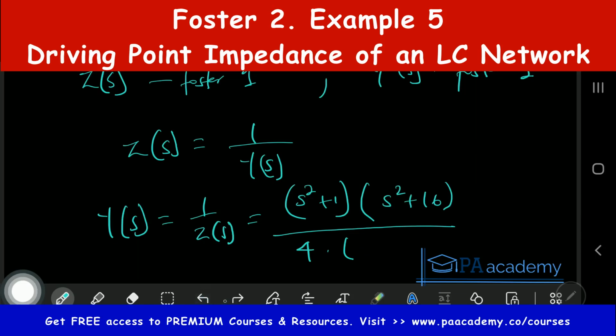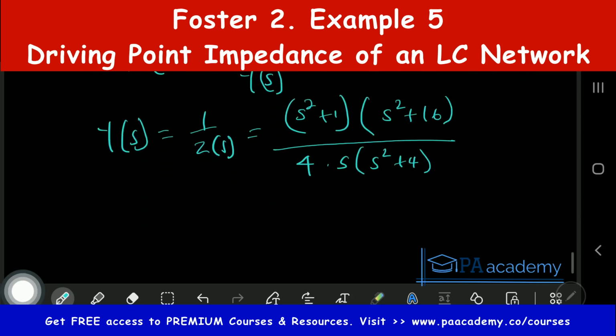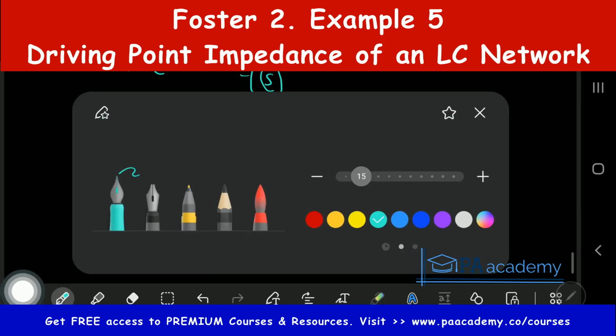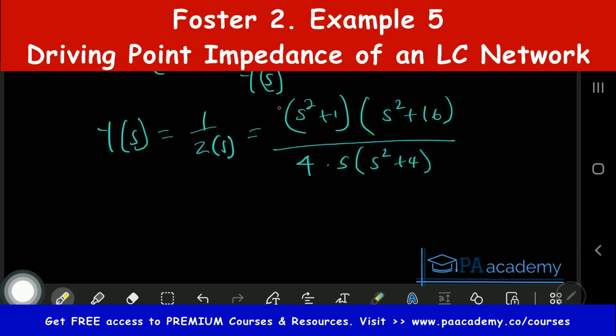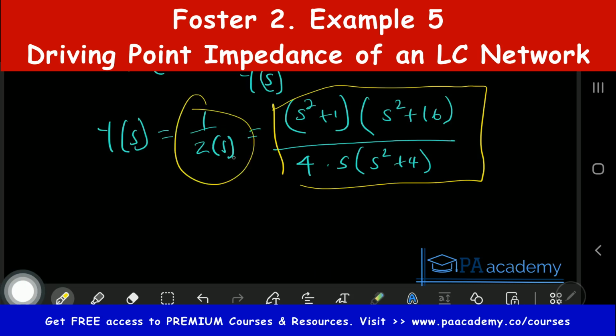Okay, so let me just write it like this: 4 multiplied by s into bracket s squared plus 4. All right, so that's our new function. This is what we are going to be working with right here. You just take the numerator down, the denominator you take up, just like the reciprocal of this.